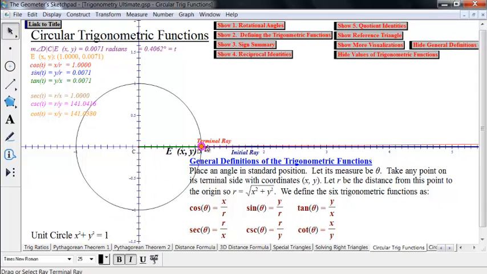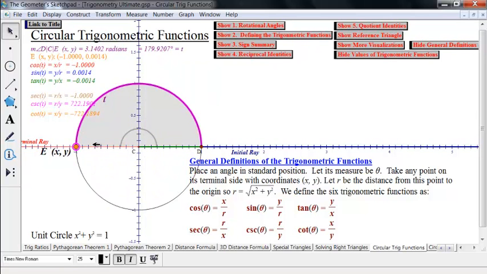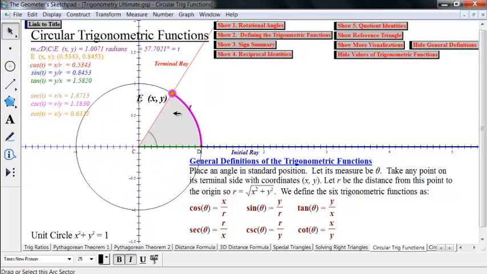And for the other two, cosecant and cotangent are undefined when y is 0 because you're dividing by 0, and that's going to happen when the terminal side is pointing straight to the right or straight to the left, when it's on the x-axis. So when it hits one of those, I'll call those axial angles, then two of the trig functions are going to be undefined, and the other four will be defined. But notice that cosine and sine are defined no matter what.